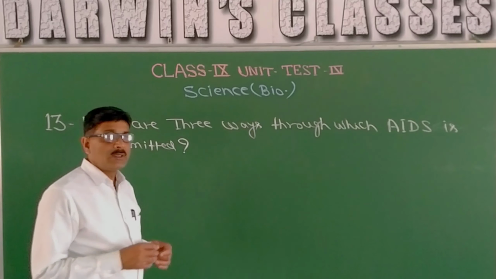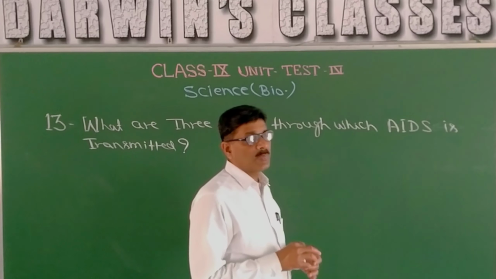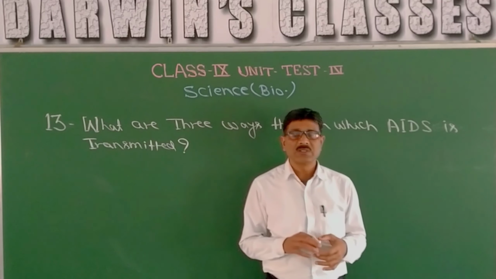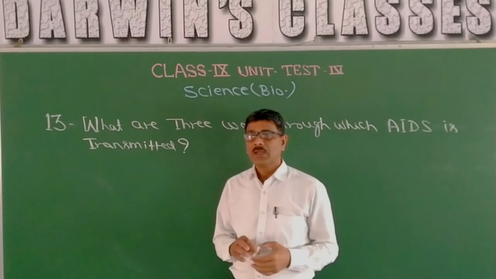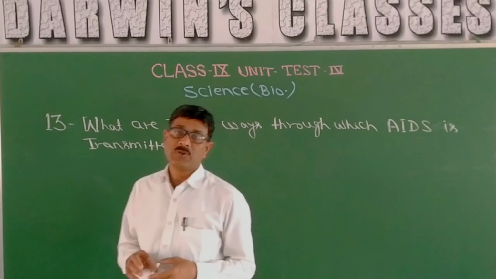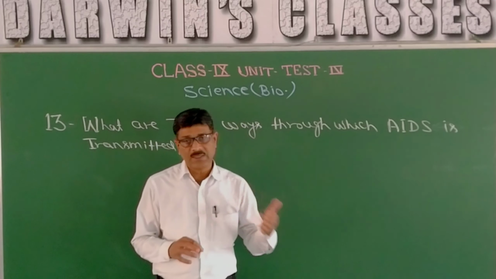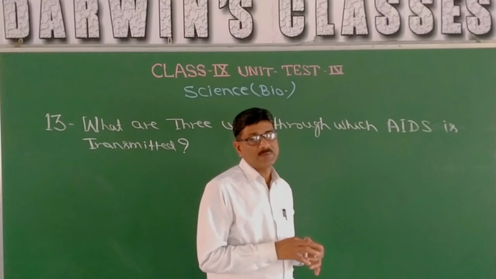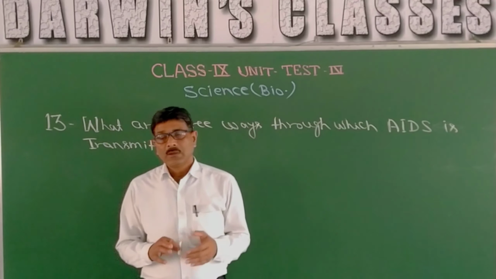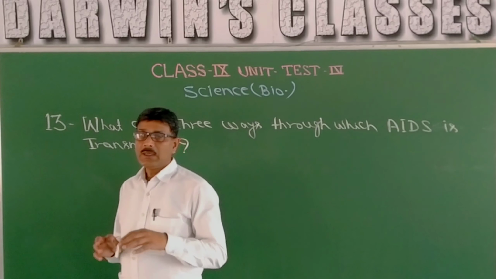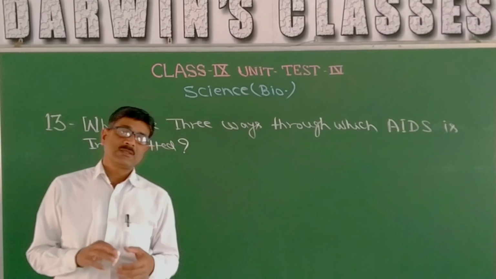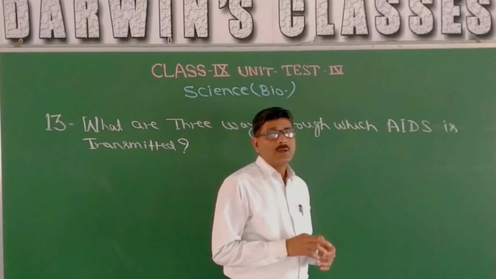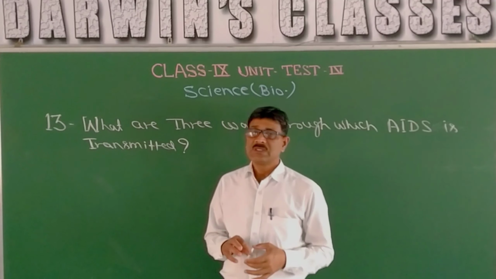The second one, through blood transfusion. If blood is given to a person in an emergency, during surgery or accident, and if the blood is HIV positive, that means if the blood is not tested, in that case the person may suffer from AIDS. Third one, by the use of improperly sterilized surgical instruments or razors or blades, or by the use of syringes.